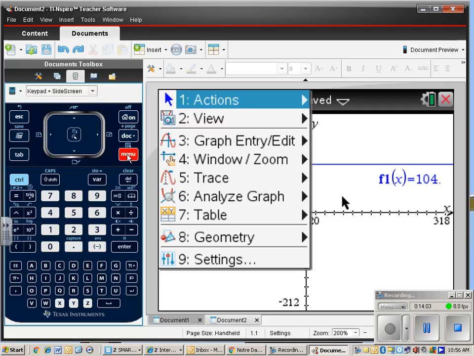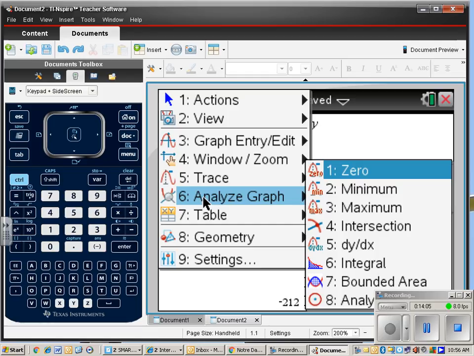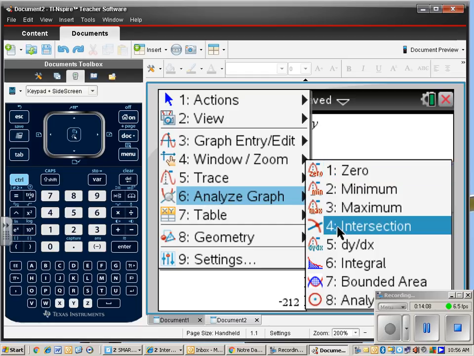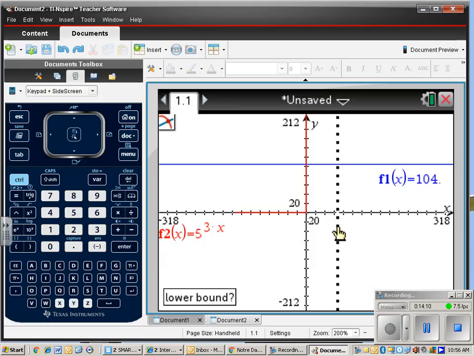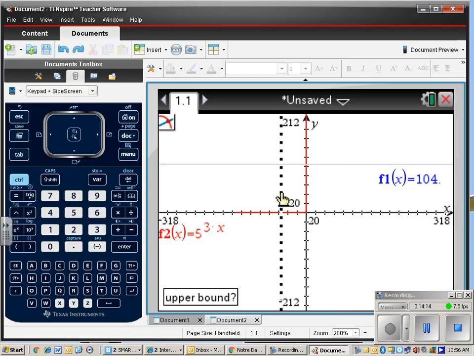I go to menu, then analyze, and we want to look for the intersection, so that's number 4. It's asking me for the lower bound, so I have to be on the left side of the intersection. Now it asks for the upper bound, so I move to the right side.